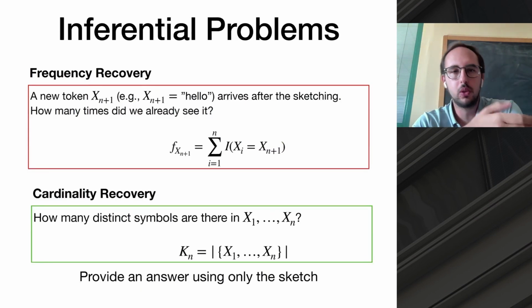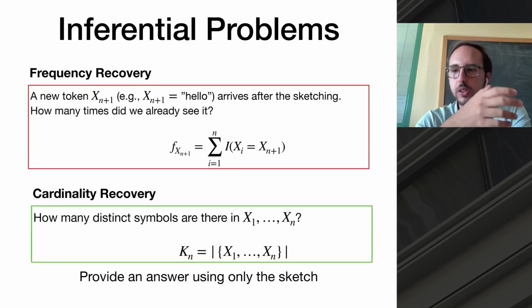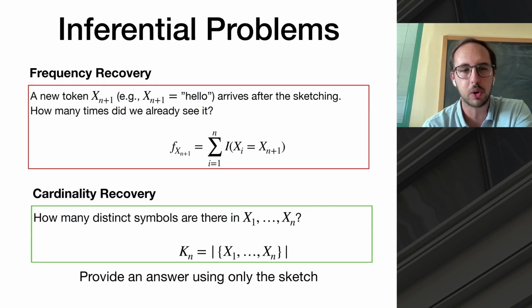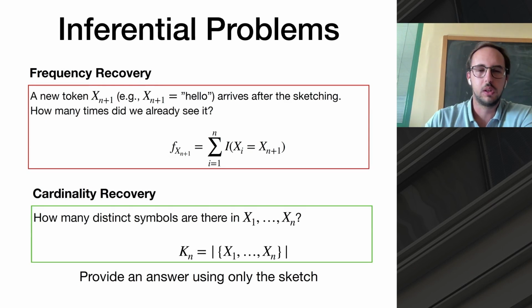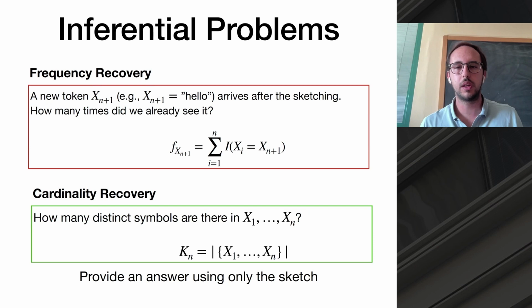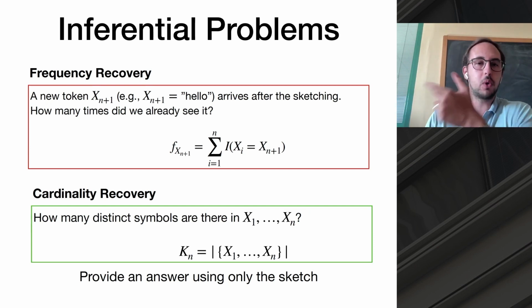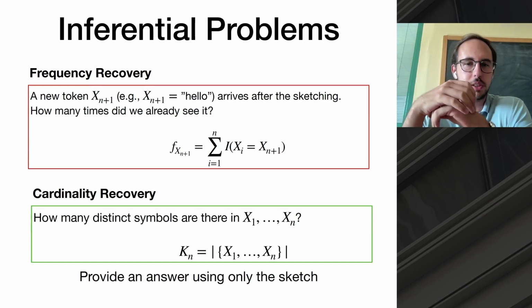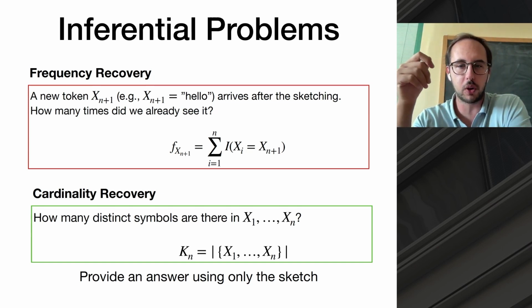And now we consider 2 inferential problems, which is not really related to inference, but we call them recovery problems. The first one is frequency recovery. We have a new token that arrives. So for instance, we are talking about words. The n+1 word is hello. We have already sketched the whole data, and we want to understand or estimate how many times we have already seen it.